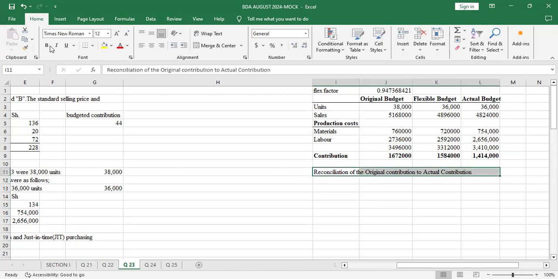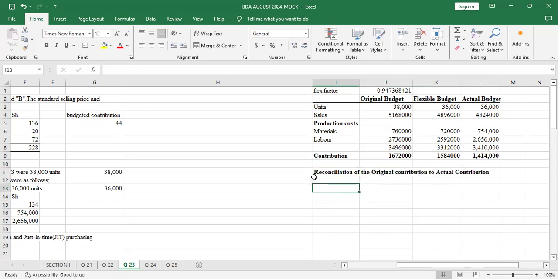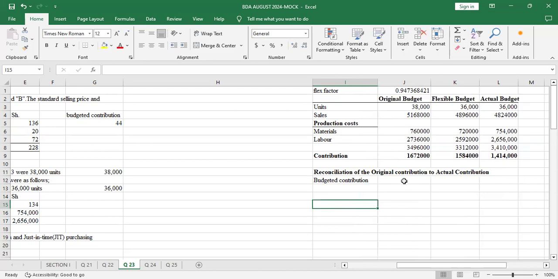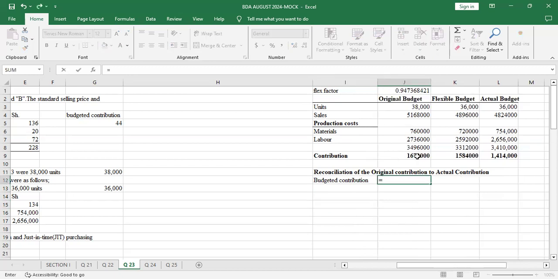Yeah, so I bold it. So we will start with the budgeted contribution, the one for the original budget. So that's the budgeted contribution. Yeah, so the amount, you just select this amount.